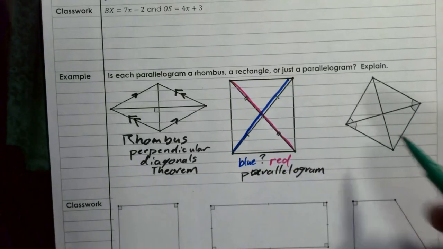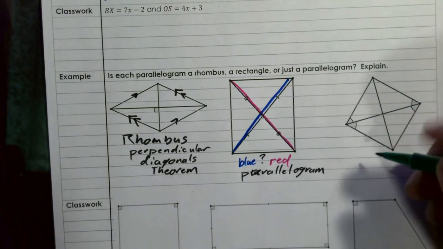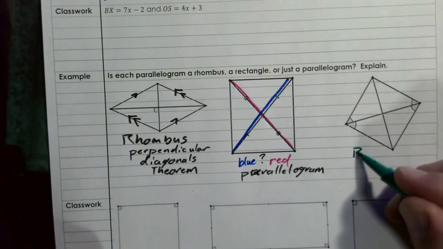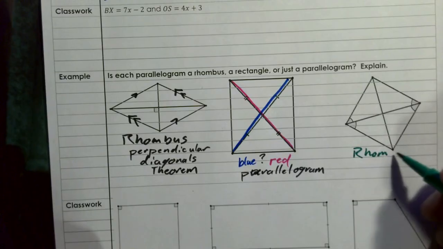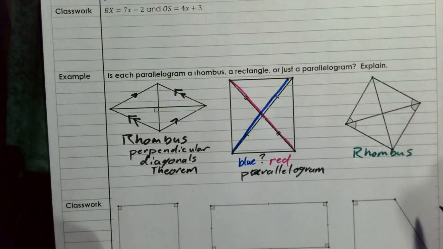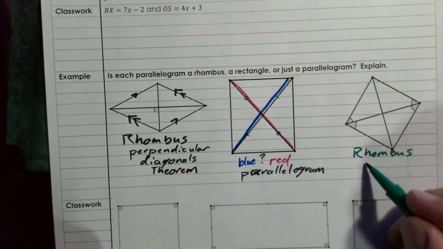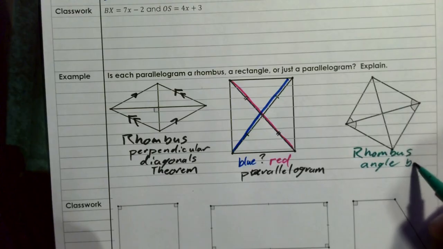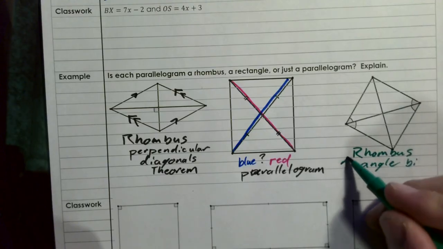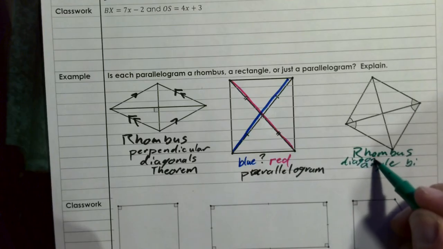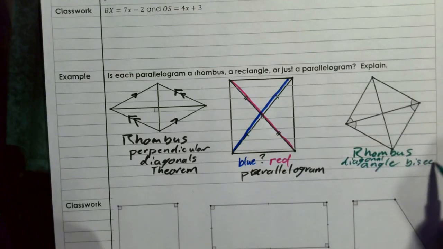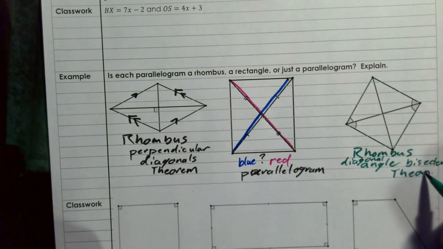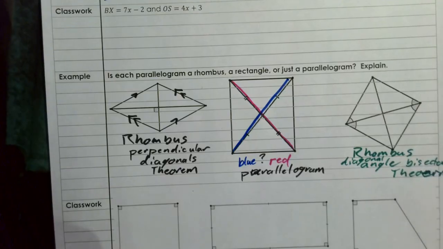If I look at this one, I know that these angles are bisected. Since those angles are bisected, this thing has to be a rhombus because that was the first theorem that we looked at. That was the diagonal angle bisector theorem, whatever you want to call it.